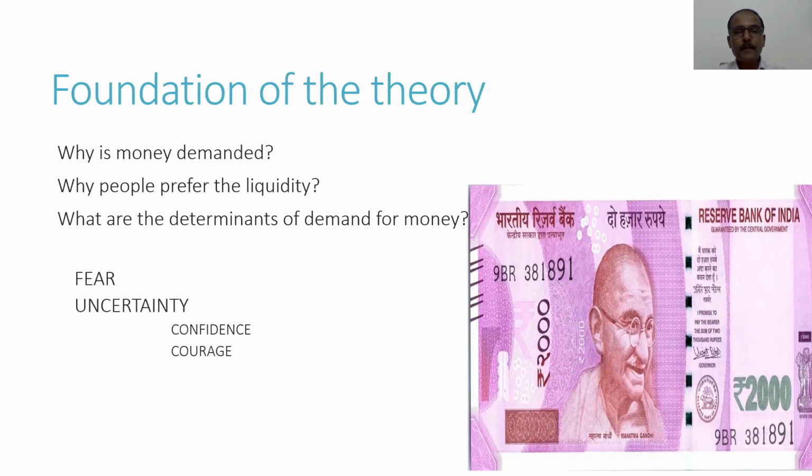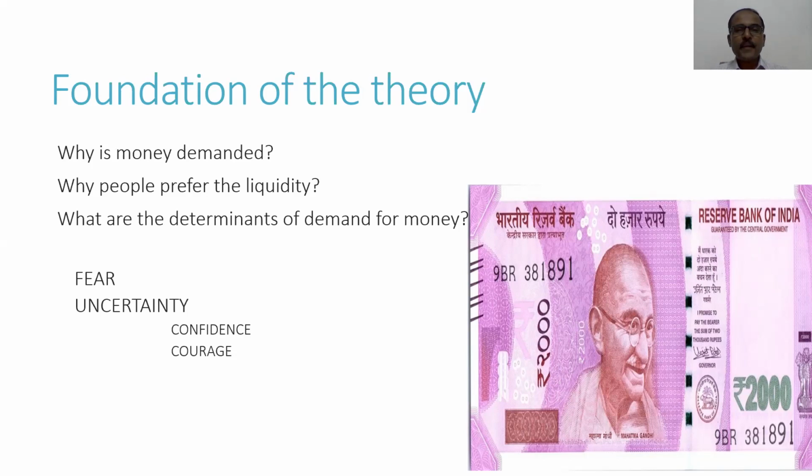Secondly, why do people prefer liquidity? Liquidity is nothing but money in the form of cash and coins, paper currency, as well as metal coins. And third important question, what are the determinants of the demand for money?